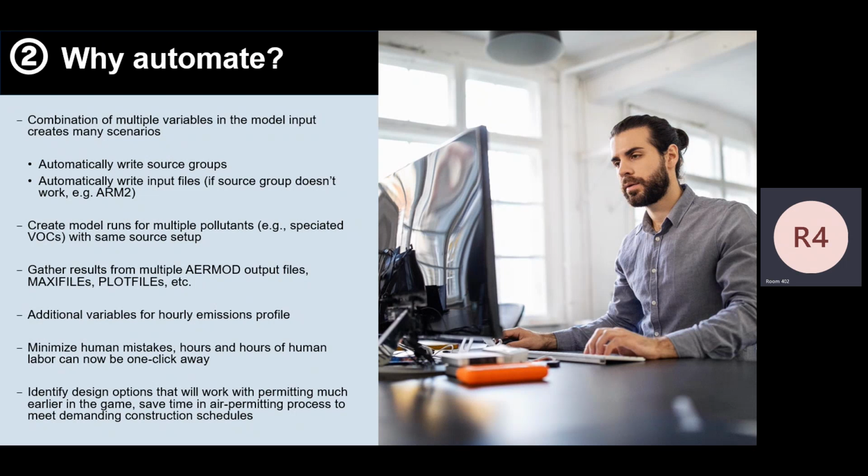The same goes for input files. For NO2, you cannot use the source groups, because when you are doing the NO2 to NOx conversion, the new model, the R2, the ambient ratio method, converts the NOx to NO2 based on a curve. It will mess things up if you use your source group to evaluate, because you are feeding the model way too much ambient NOx concentration.